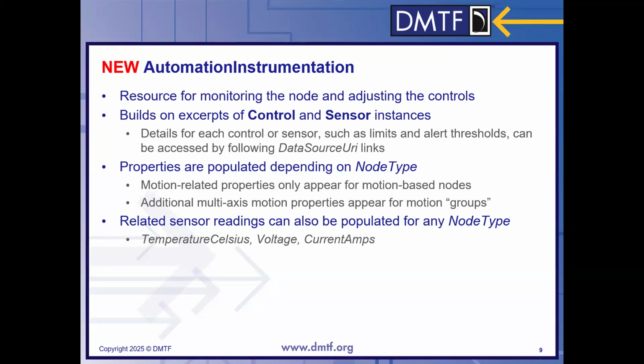So there could be motion-based sensors and controls for the motion type of nodes. And then there are also just the lower-order readings of the device itself. So if there's a need to see if the device is misbehaving, overheating, or if there's anything wrong with its environment, you can extract that information directly.